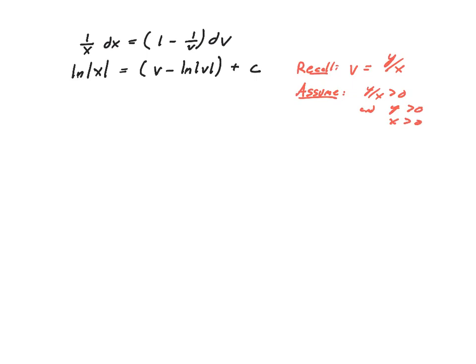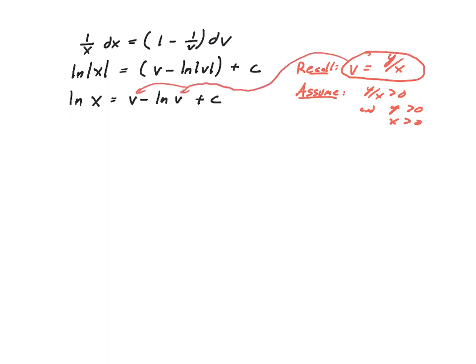Everything works out nice, and I don't have to worry about taking absolute values. If I make that assumption, I just get the natural log of x is equal to v minus the natural log of v plus a constant. And then I put in my substitutions everywhere I have that v, here and then here. So that's going to turn into the natural log of x is equal to y over x minus the natural log of y over x plus c.